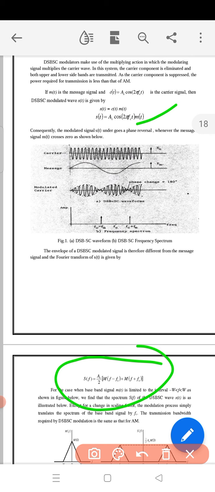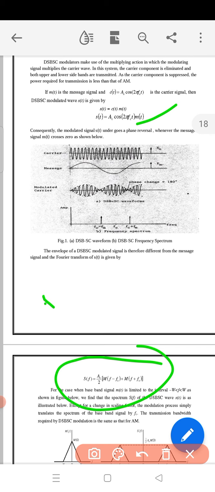Applying the Fourier transform to s of t, we get the frequency domain representation S of f equal to Ac by 2 times M of f minus fc plus M of f plus fc.